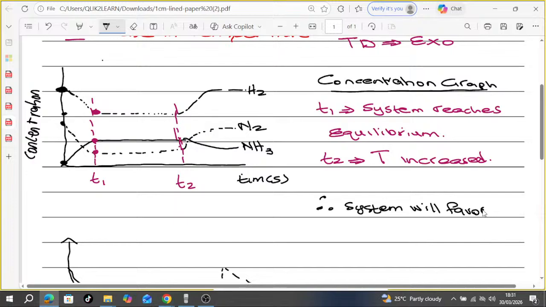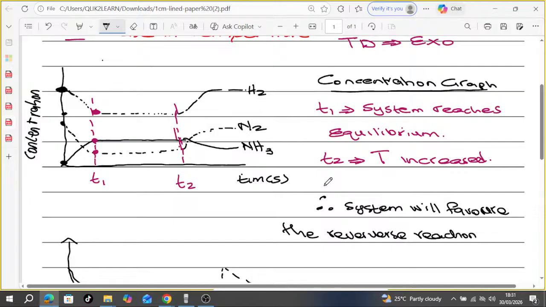Exactly, it will favor the reverse reaction. Right. So the reverse reaction, why? To reduce the temperature. You understand?